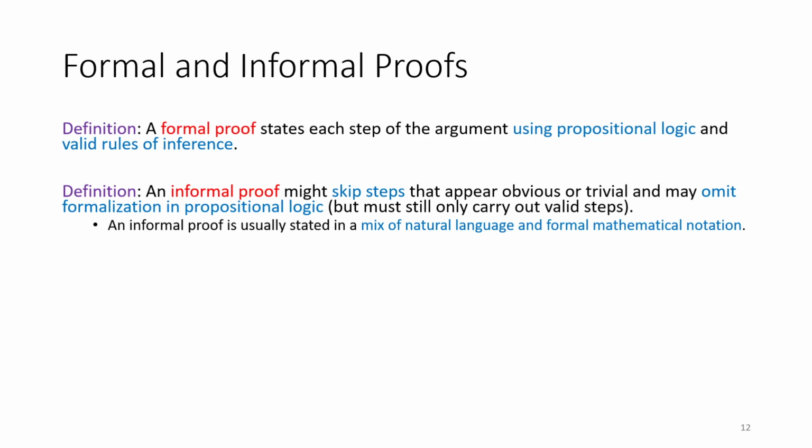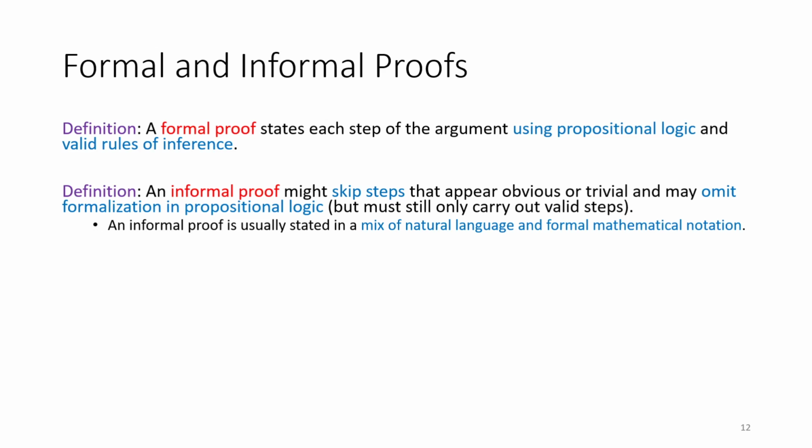But maybe if we wanted to use a machine to check to see if our argument was valid or not, well, then we would want to put it into symbols. The machine's going to be a lot better at it. So usually, and for the bulk of this course, and for wherever you may encounter mathematical logic and mathematical proofs in the future, you're going to encounter informal proofs, where we might skip steps, where we sort of mix some natural language in with some formal mathematical language.